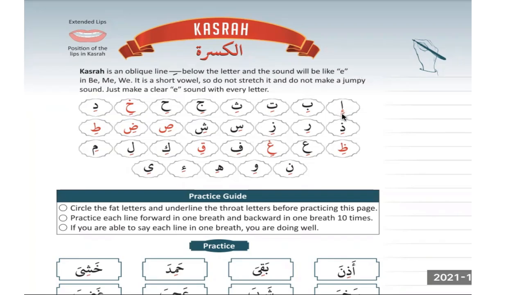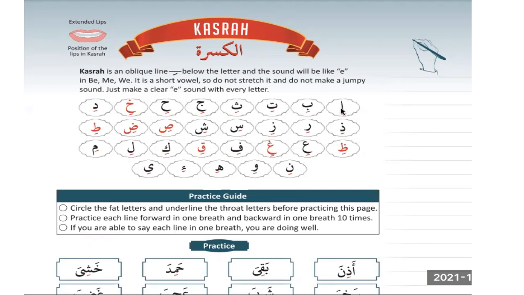So Hamza, Kasra, E. The sound will be E, like the E in be, me, we. It is a short vowel. Again, we're not going to stretch it. So do not stretch it, and do not make a jumpy sound. E, B, T. Not like this. Very moderate sound. E, B, T.